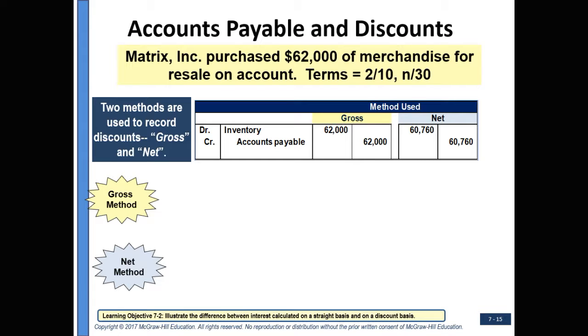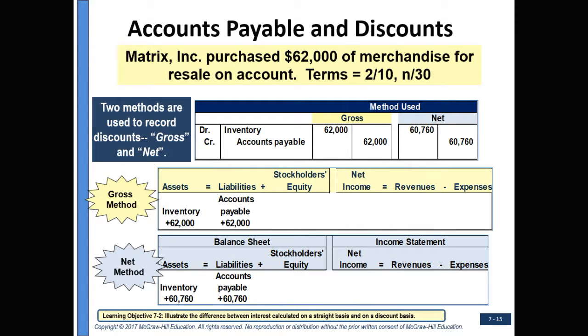Matrix Incorporated purchased $62,000 of merchandise for resale on account. The terms are 2, 10, and 30. If payment for the merchandise is made within 10 days, Matrix can take a 2% discount. 62,000 times 2% equals $1,240.